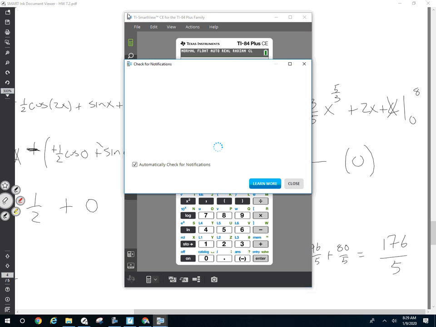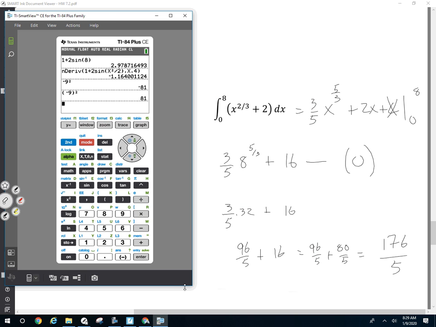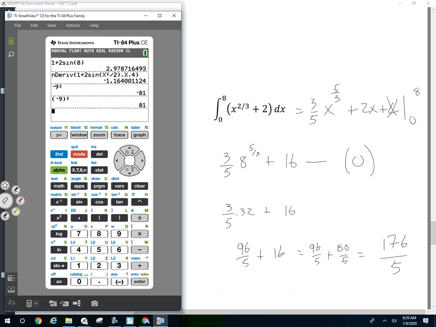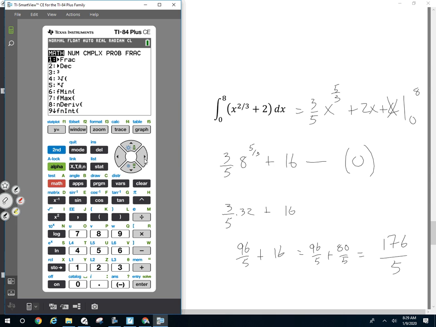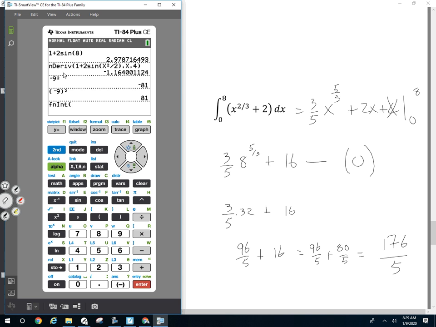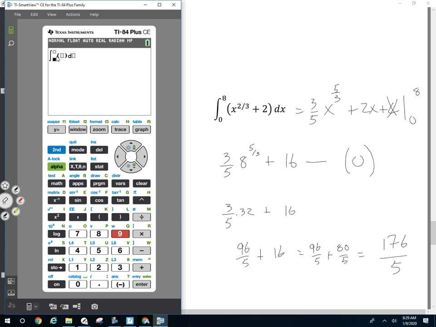It will take a bunch of velocities and multiply by a bunch of very, very small times. So if you want, and I'll show you this next class, you can do math FNINT. This ends up being an integral. If you have a newer calculator, if you do math 9, you see the integral shows up. You can literally type in 0 to 8 of x to the 2/3.